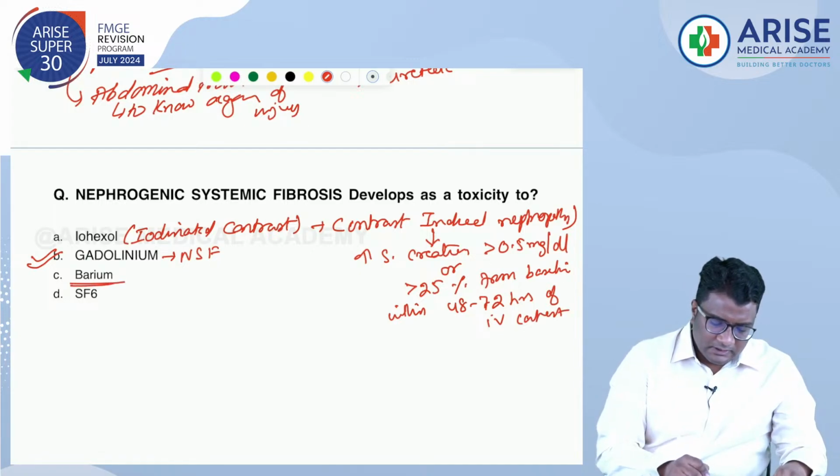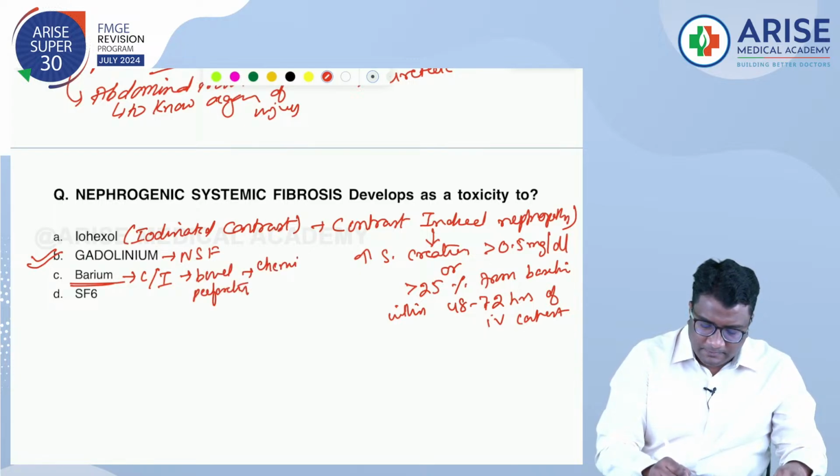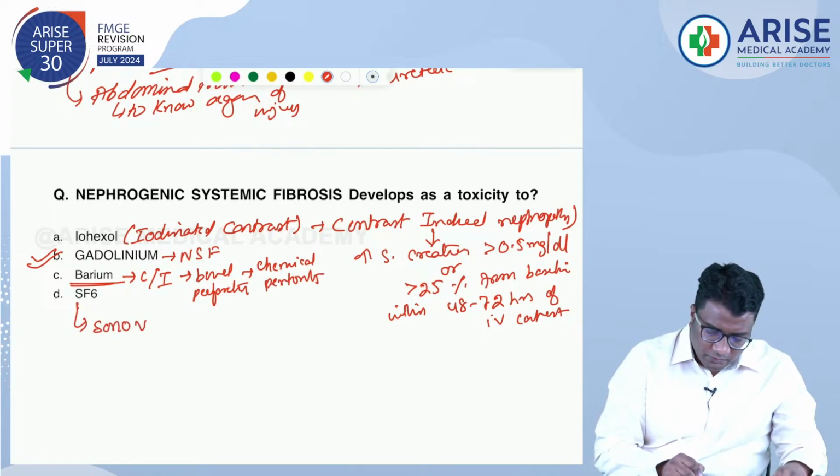Barium is contraindicated in bowel perforation because of risk of chemical peritonitis. Sulfur hexafluoride, this is called SonoVue. It's an ultrasound contrast.